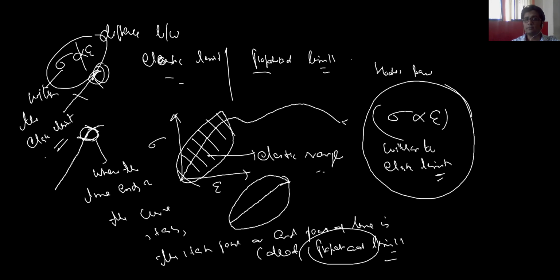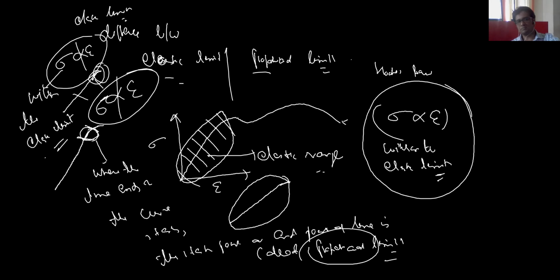And the utmost point where it just leaves its elasticity is known as the elastic limit, the maximum value of the range, let's say the point out there.